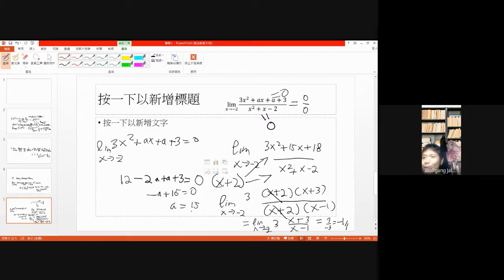You must also show that when you use A equals 15, we can have this kind of form, x plus 3 divided by x minus 1. Basically, you must prove that you can derive out the zero factor, the x plus 2 factor. I think it's clear, right, for number 5?